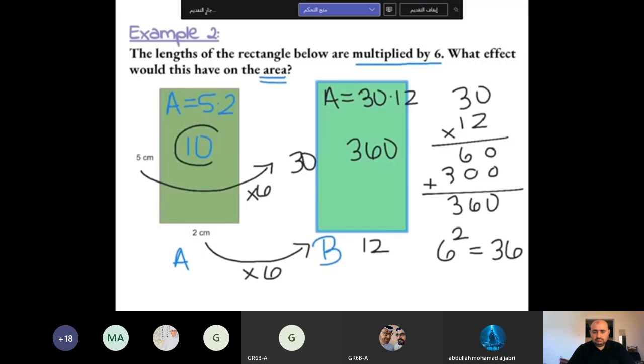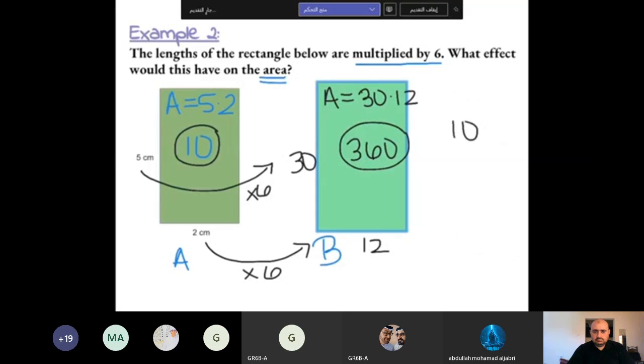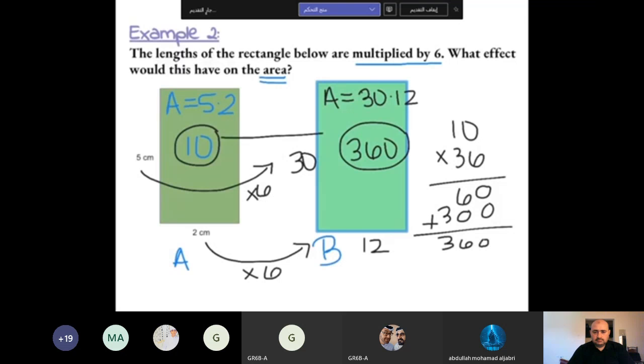So let's see if 10 times 36 gives us 360. So 10 times 36 gives us 360. So the area also increased by 6 squared the amount, or 36 times the amount.